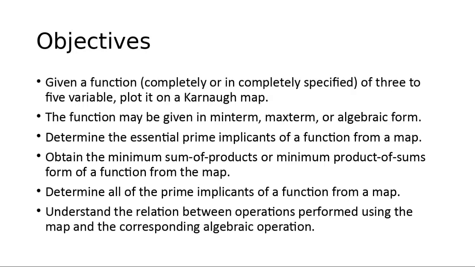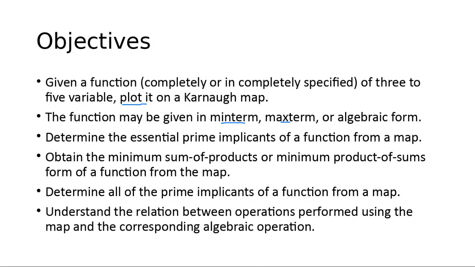In this lecture, given a function, completely or incompletely specified, of 3 to 5 variables, we will learn to plot it on a Karnaugh map. The function may be given in minterm and maxterm or algebraic form.